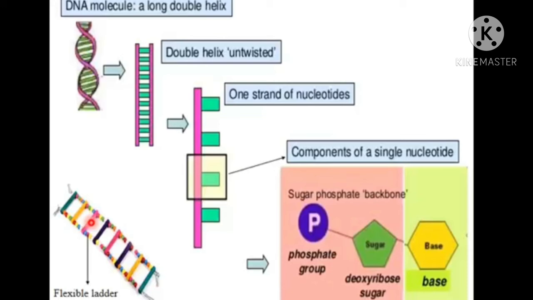DNA is a polymer of many nucleotides. Each nucleotide is made up of 3 components: a simple sugar, a phosphate group, and a nitrogenous base.